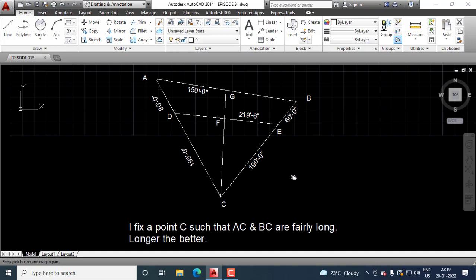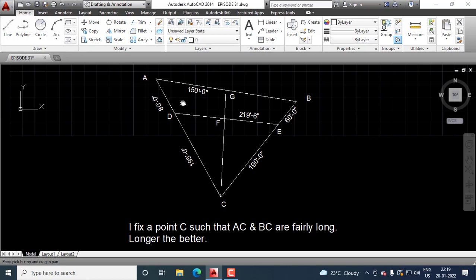After that, we calculate angle CAB. Because we now know AB, we are able to calculate angle CAB. We know this complete side, and we know this complete side, and we know AB. We have just calculated it. So we can calculate the angle CAB.